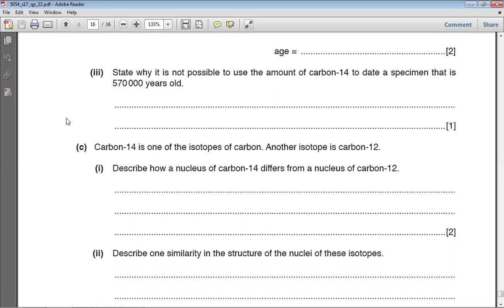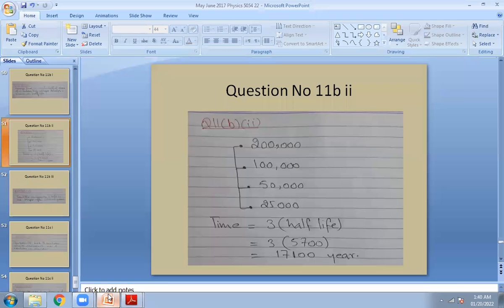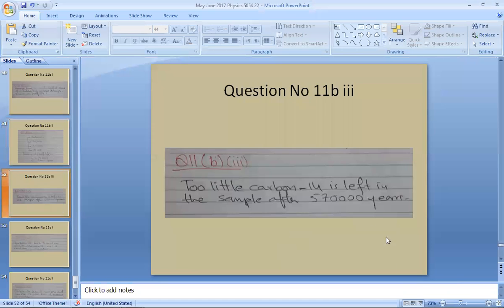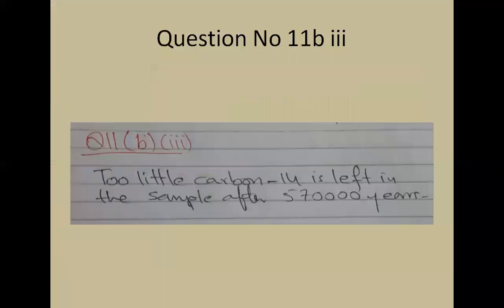A minute trace of that carbon 14 will be left, so that cannot be analyzed then. So that's why we cannot use carbon dating on that old sample. Okay, so let me show you my answer. It says too little carbon 14 is left in the sample after 570,000 years.